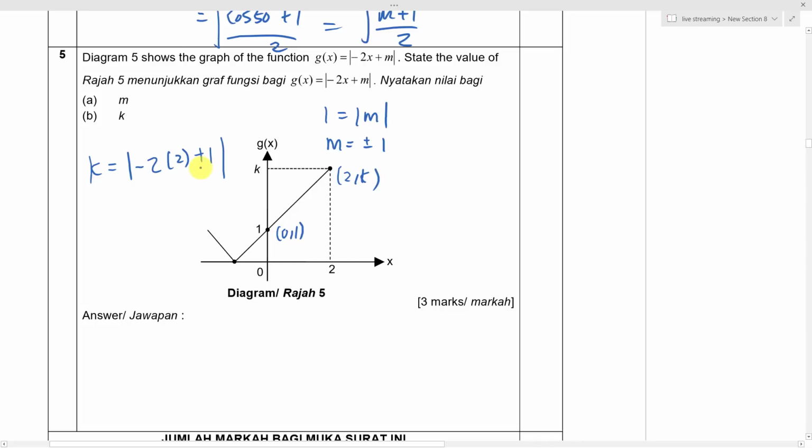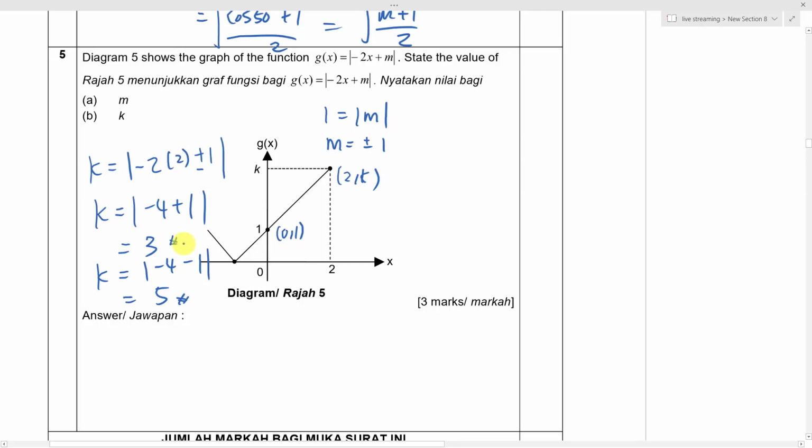Actually, let's do plus minus 1 at the same time. So for k, with the modulus, this is negative 4. If plus 1, then you actually have 3. And if negative 4 minus 1, then you should have 5.